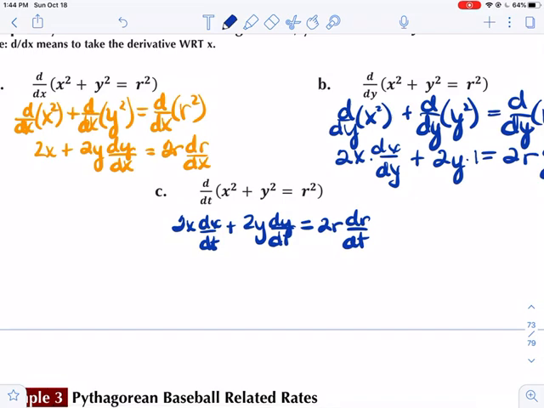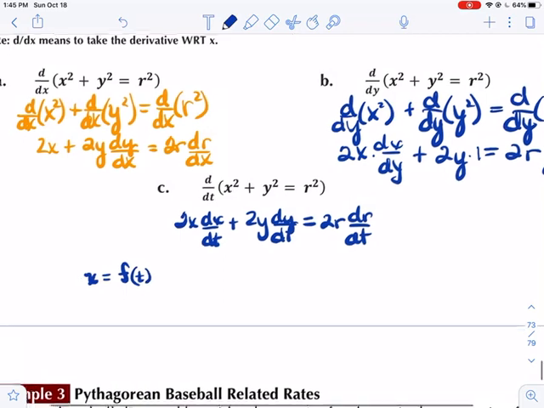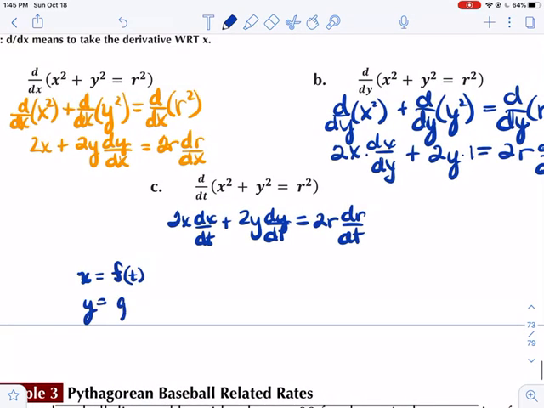So again, using the chain rule, and this is because when you're taking the derivative with respect to t, and like I said, it's usually time, x is some kind of a function of time, y is some kind of a function of time, and in this case, r is some kind of a function of time. Let's make it h of t.